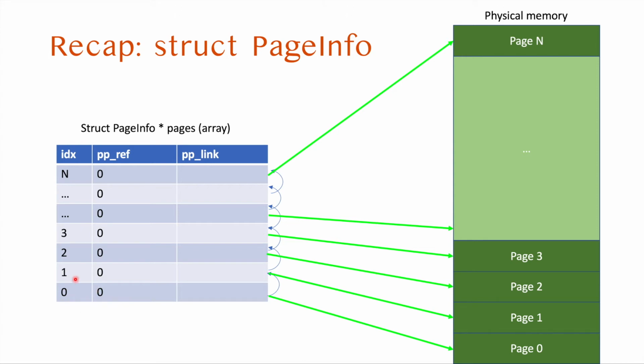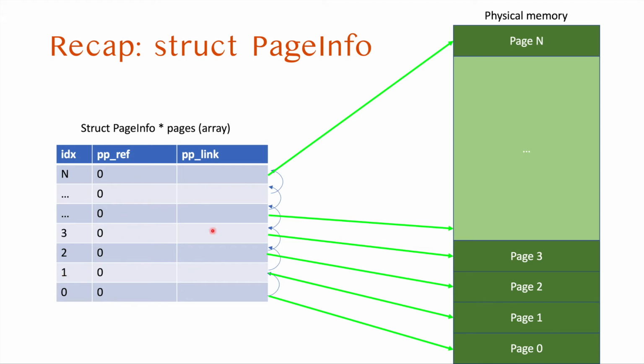So it's just this kind of array of struct PageInfo. We have many struct PageInfo structures here, n of them, where n is equal to the number of physical pages: the maximum physical memory divided by the page size, multiplied by the size of struct PageInfo. You created this array using boot_alloc in lab 2.